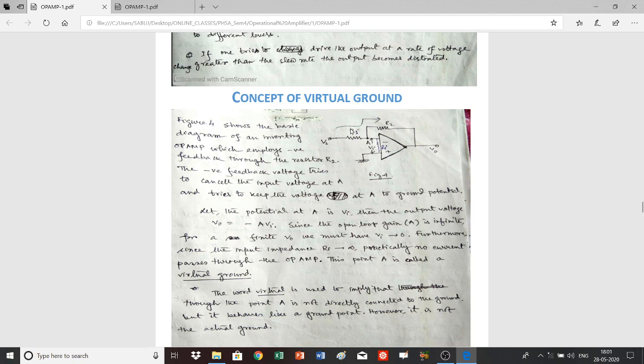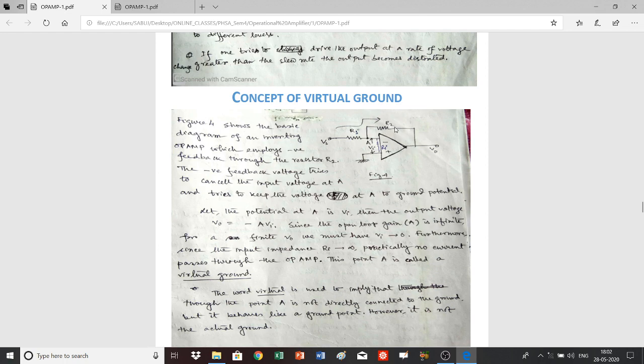Here R1 is the input resistance, and the input voltage is applied to the inverting input terminal, and the non-inverting input terminal is grounded. A part of the output voltage is fed back to the input terminal through the resistance R2, and that's why R2 is called the feedback resistance.